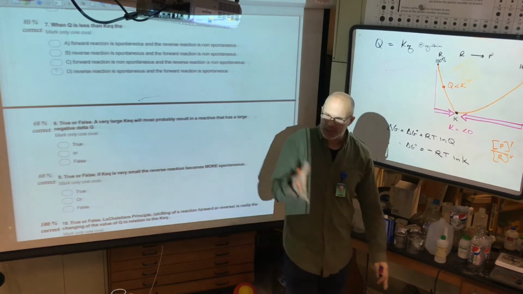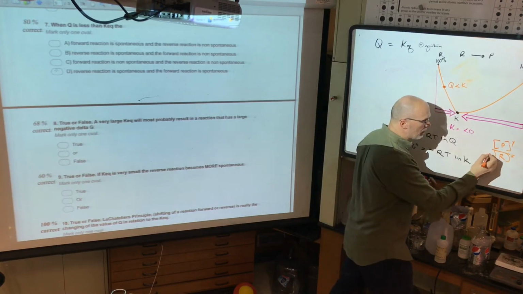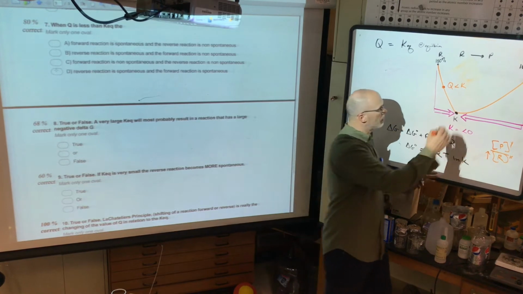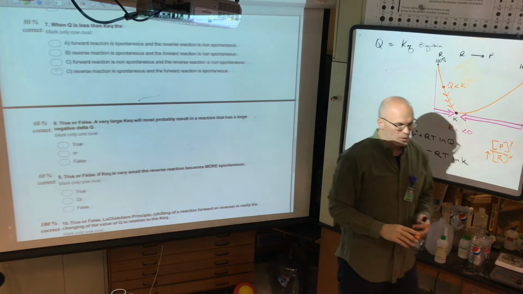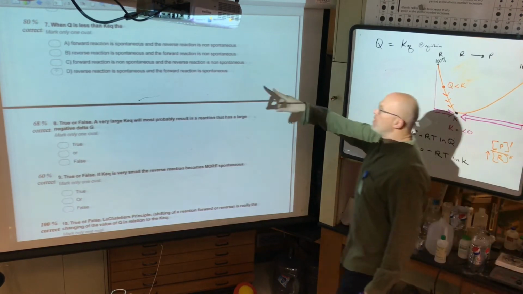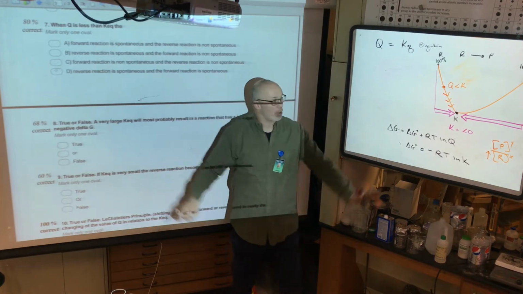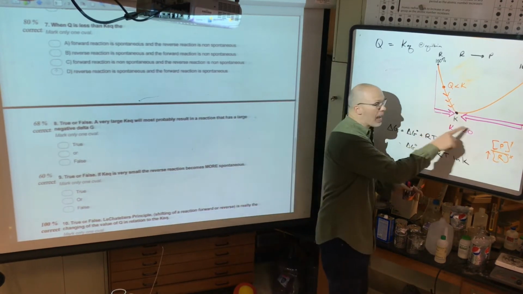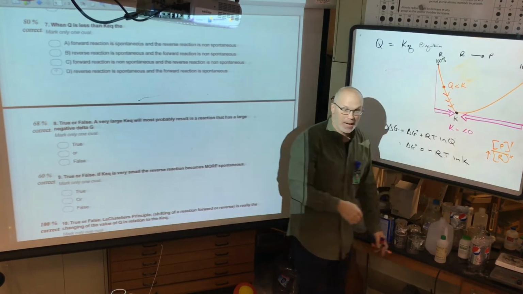I keep saying that because someone's going to get that wrong. So when Q is less than K, in this example, the denominator is bigger. And guess where we move? We always move forward until we reach the end. So, when Q is less than K, a forward reaction is spontaneous. Correct. I don't care where K is, but if my Q is less than this value, I know I'm spontaneous.